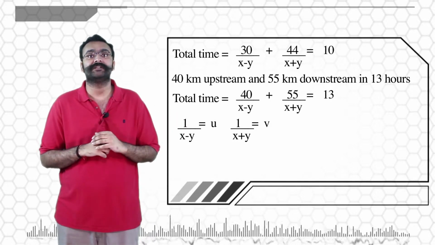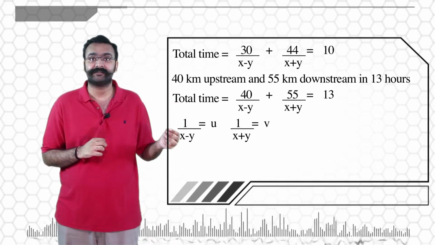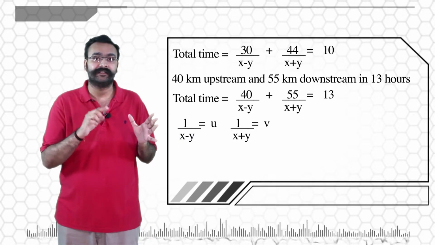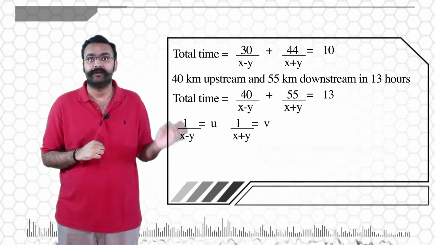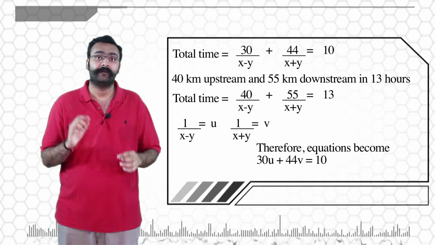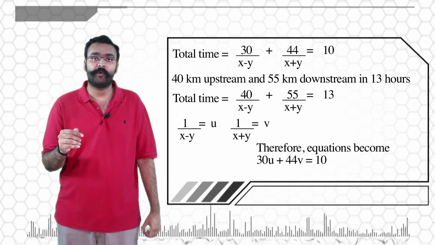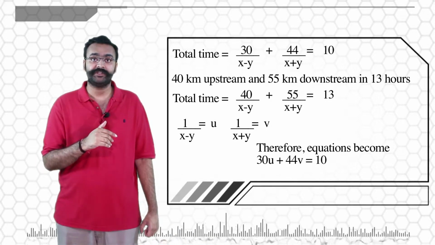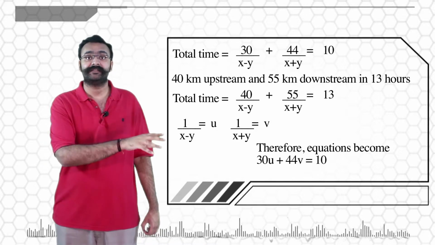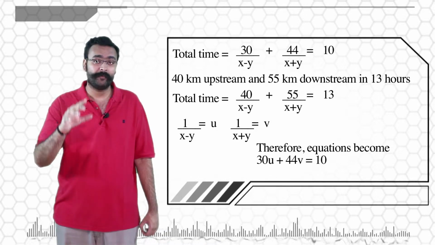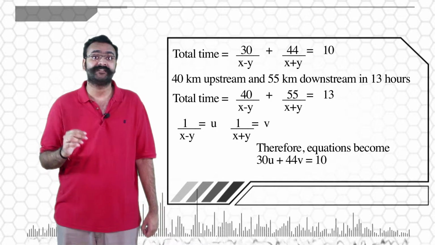So your equations turn into, 30 upon x minus y is nothing but 30 into 1 upon x minus y, which is just u. So 30u plus 44 upon x plus y, which is simply 44 into 1 upon x plus y, which we took as v.